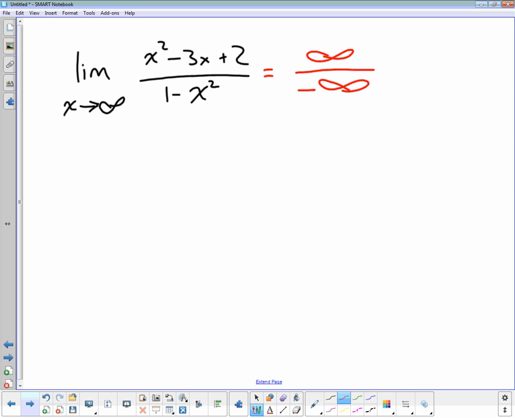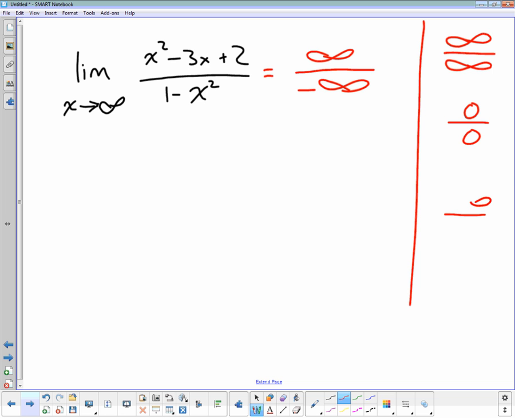Indeterminate forms. For example, 0 over 0, infinity over infinity, infinity over 0. What about this one? Is that indeterminate?